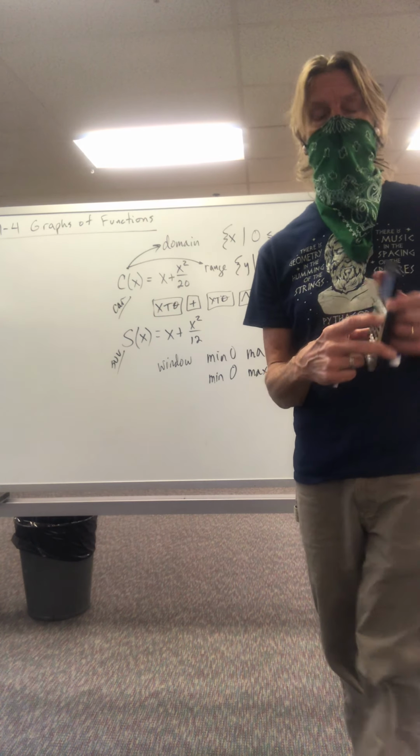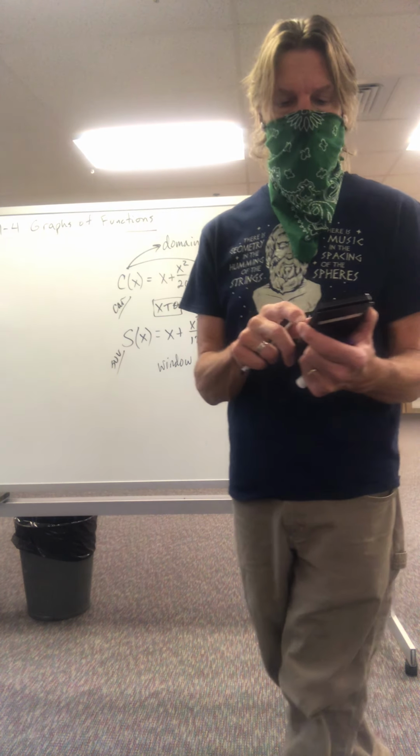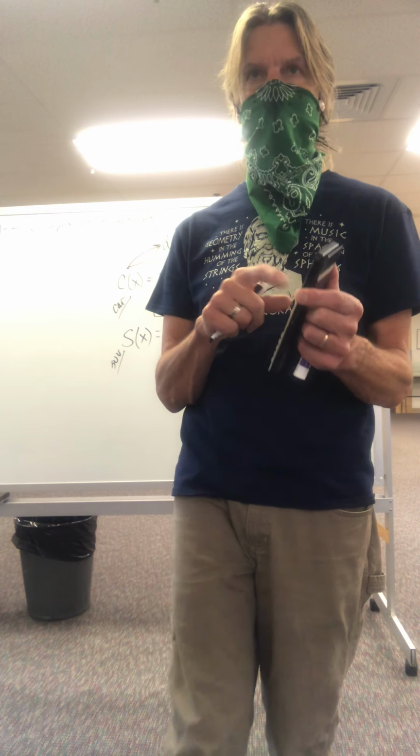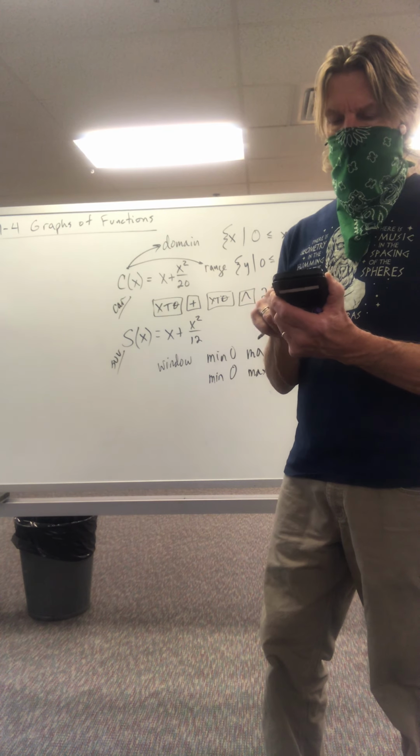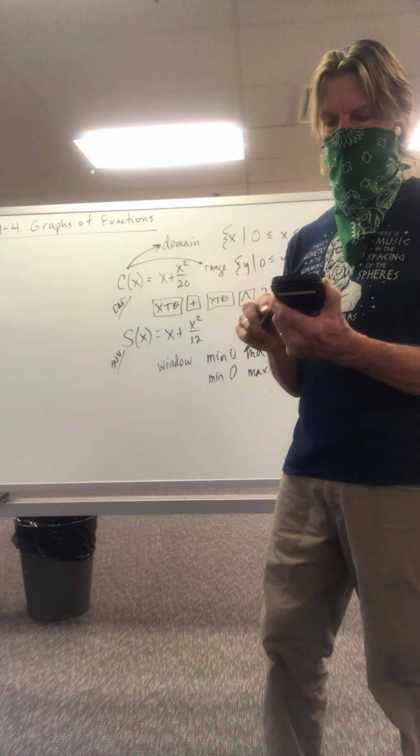So in the upper left, second graph, that's the table function. If you want, you can scroll down to 70. Or remember, you can do table set and start yourself right at 70. So second window function is table set. And then you can just jump right to 70.